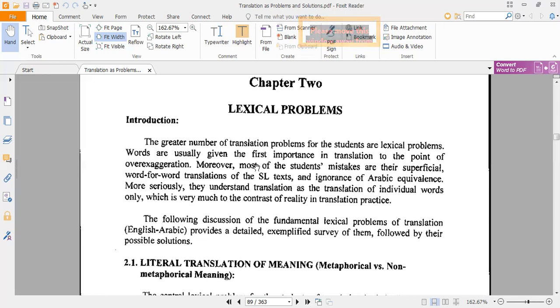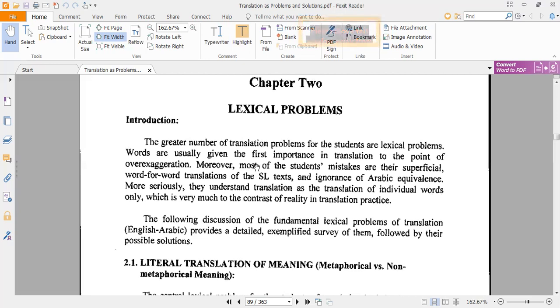Also, we talked about nominal sentences and verbal sentences. English sentences are usually verbal because every sentence in English must include a verb. For example, he plays football. Every sentence includes a verb. While in Arabic, some sentences are nominal sentences and others are verbal sentences.